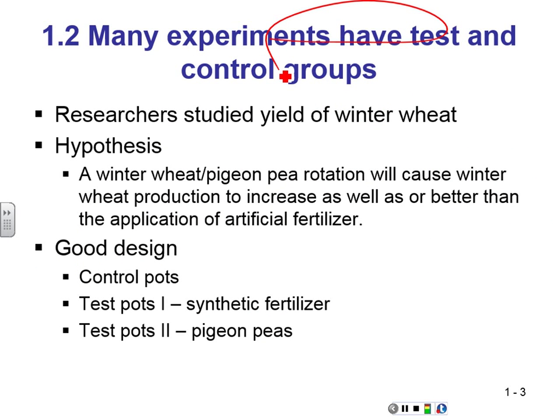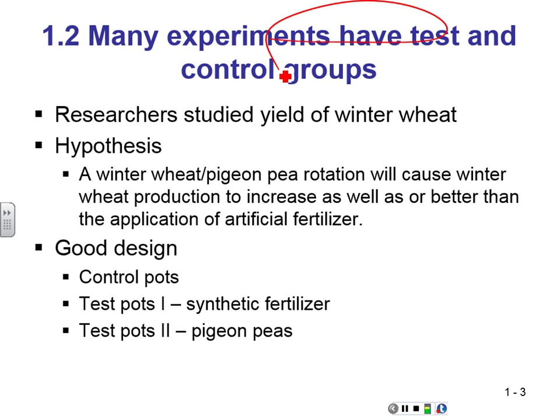Okay, when you design an experiment, you want to make sure that you have control groups. And I think that this is a good example of a little more difficult or complicated scientific method and some of the controls that we can use.